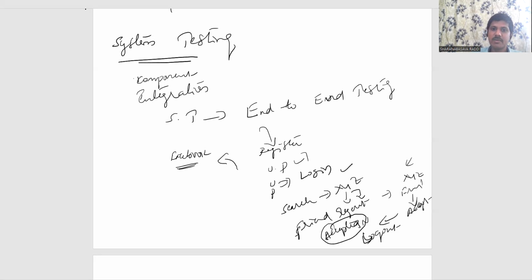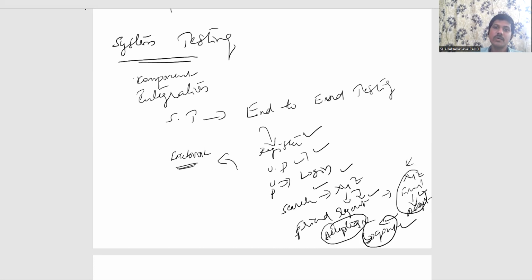Here there are n number of modules, right? First is the registration module, then login module, then search module, then friend request module, then accept the friend request module, next logout module. So there are n number of components and there is integration between all these components.